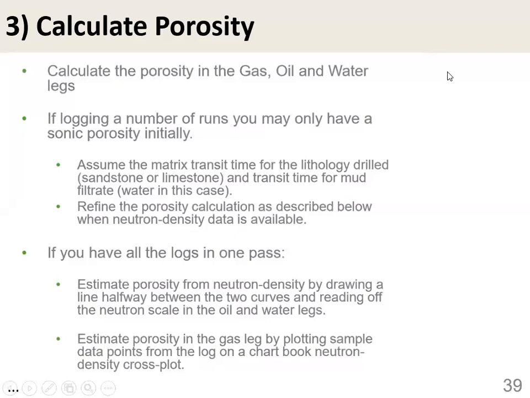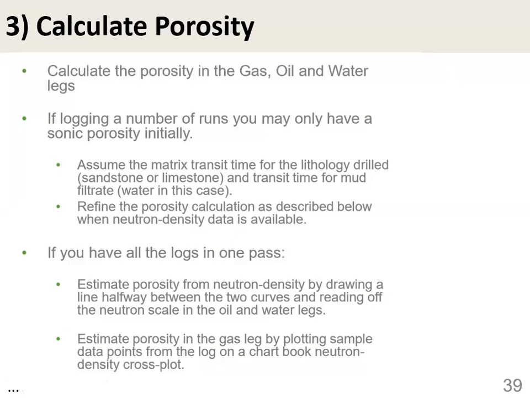So the next step is to calculate porosity, and it's a function of the porosity logs which are run in the field. If logging in a number of runs, you may have only sonic porosity initially, even though that's usually not the case now.